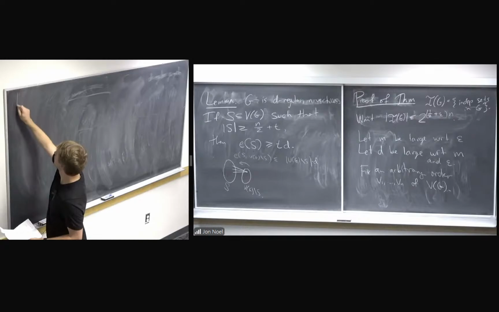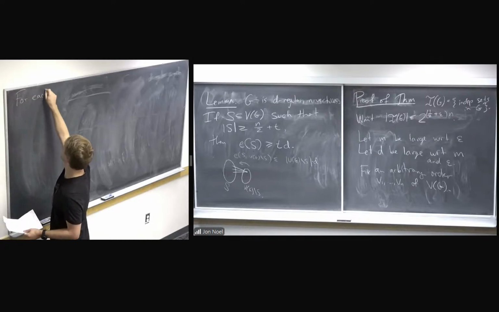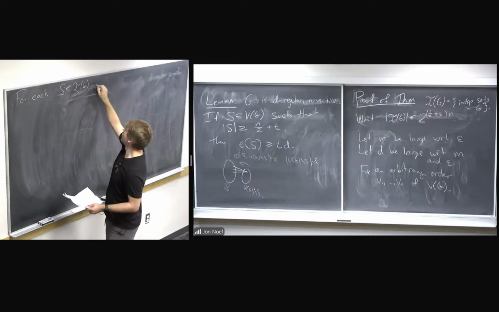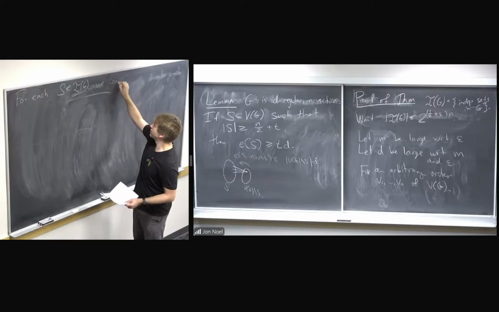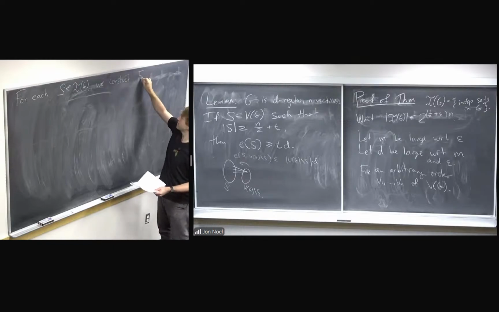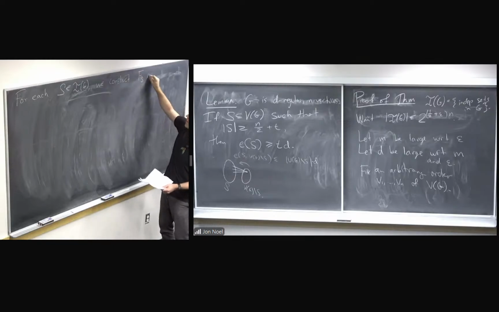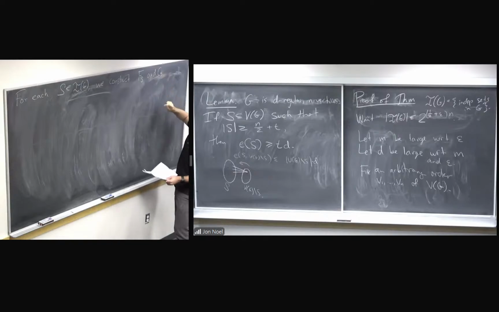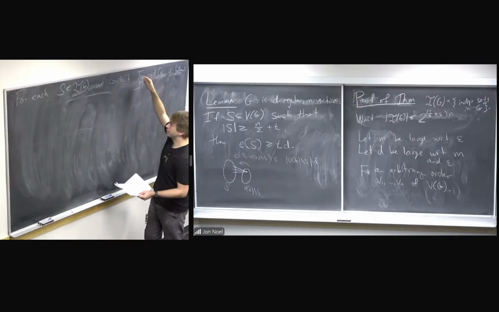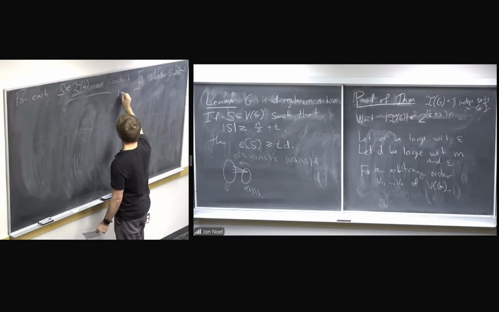Okay, so for each independent set, we construct two sets, F_S, where S is the independent set, and C_S, according to the following algorithm. Just to explain the notation, F stands for fingerprint.